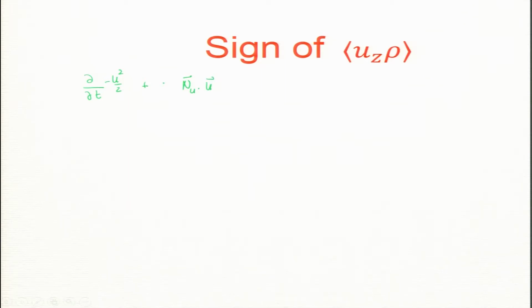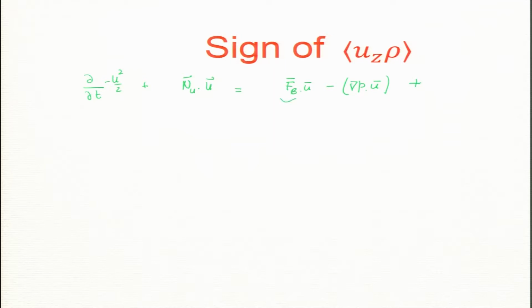Let us do it in real space only. And there is a buoyancy F b dot u and the pressure gradient minus grad p dot u, these are the terms, and the viscous term, I turn off right now.